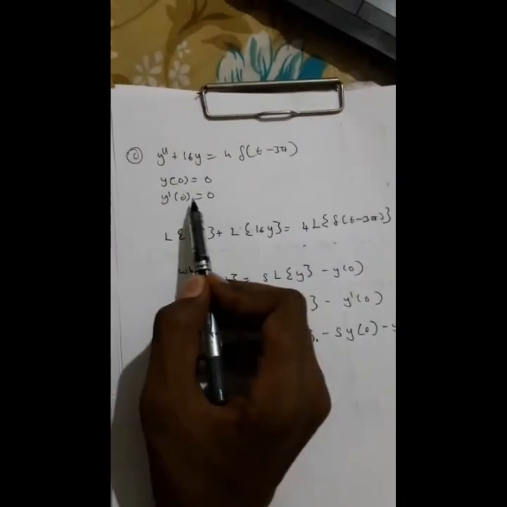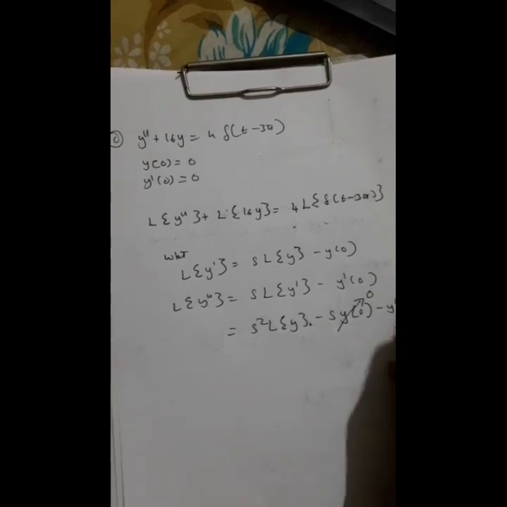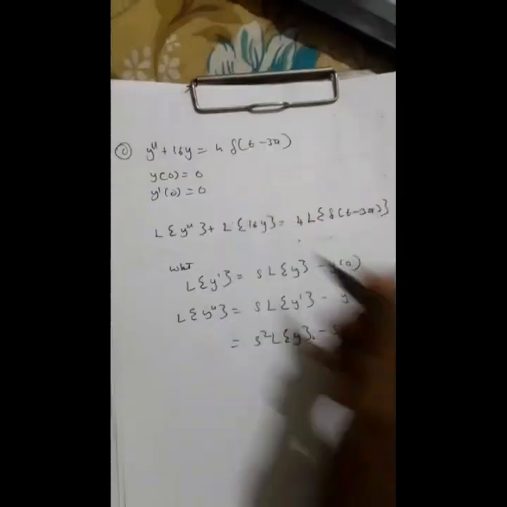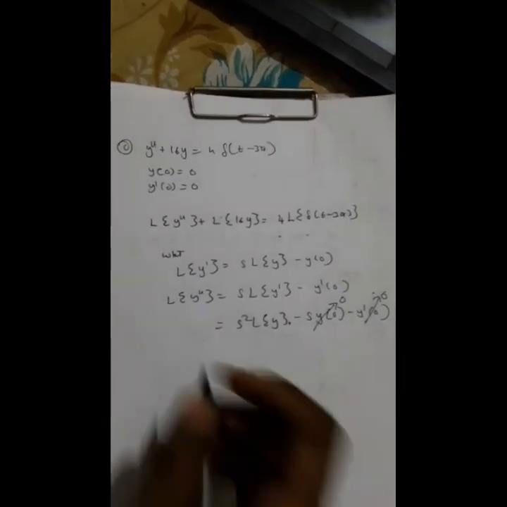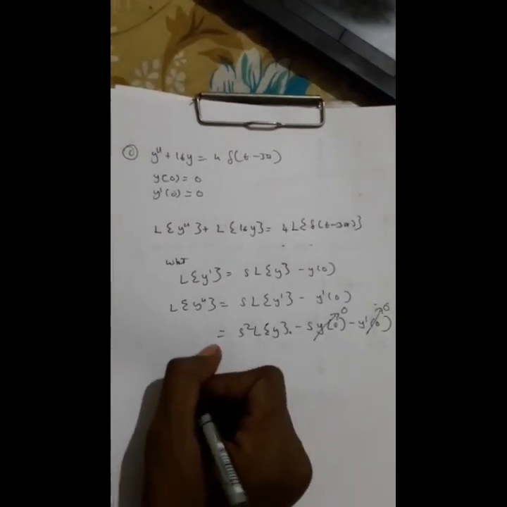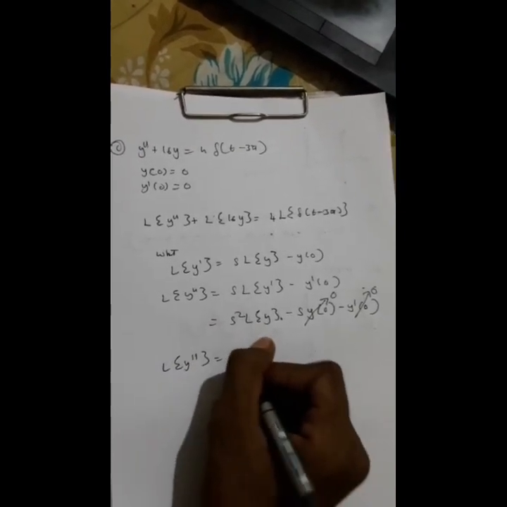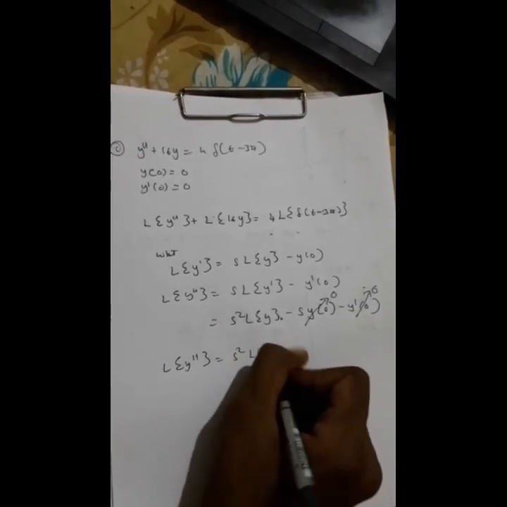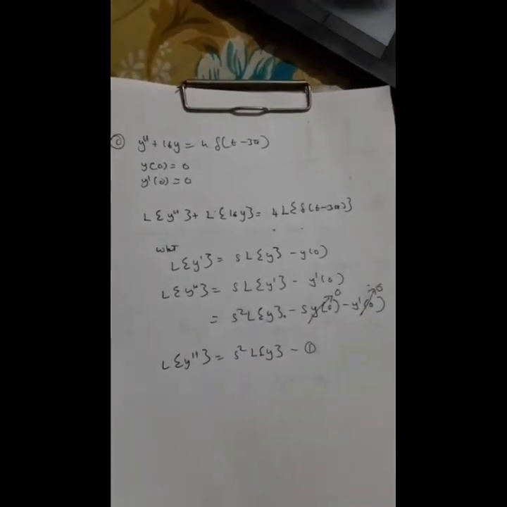From these two given pieces of information, we can cancel these out because they are 0. Okay, now we have that Laplace of y double dash is equal to s square into Laplace of y. We can keep this equation.